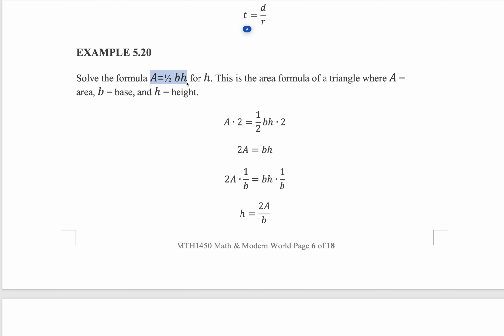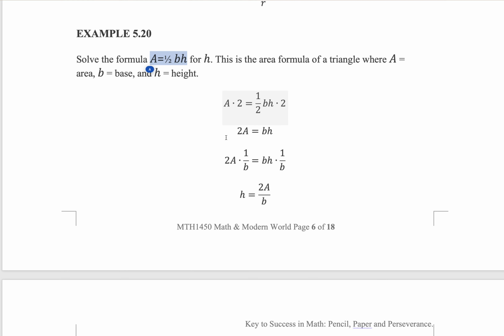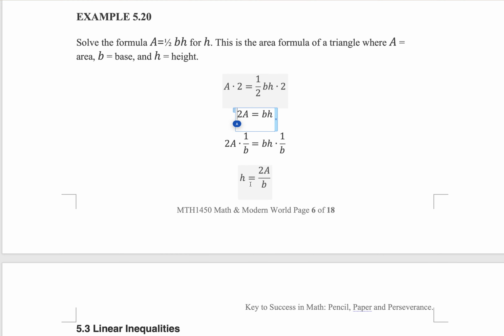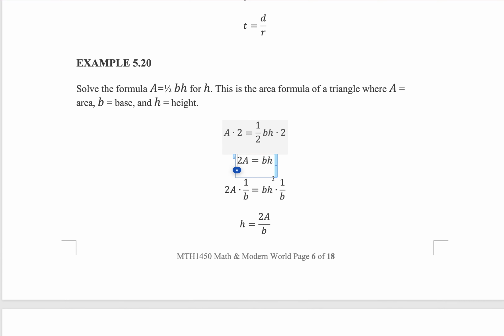Basically all I did to solve this equation was use the addition principle and the multiplication principle. It should be straightforward to follow what was provided on the notes. In the end, we got h in terms of A and b is 2A over b. Thank you for watching.